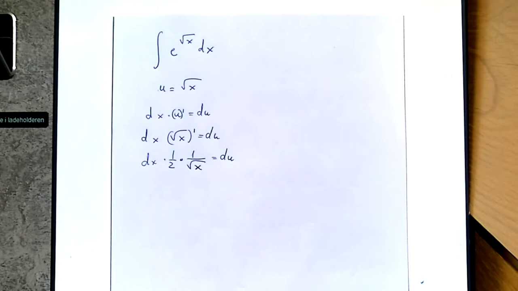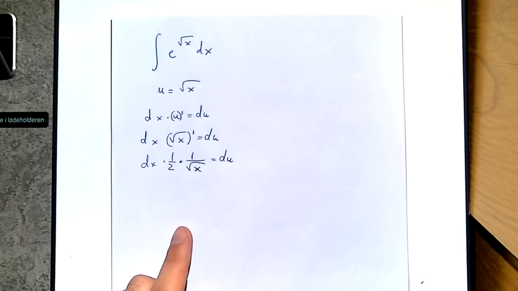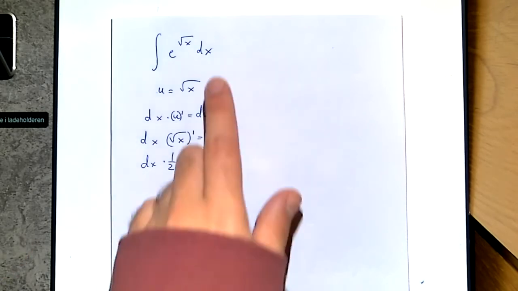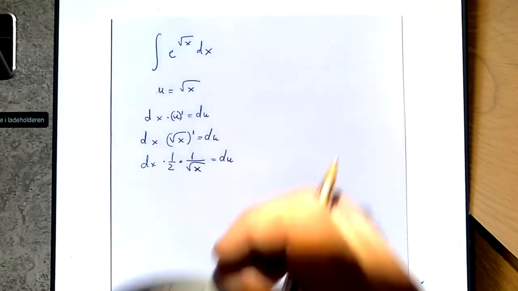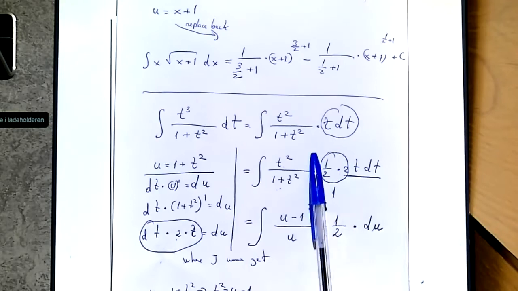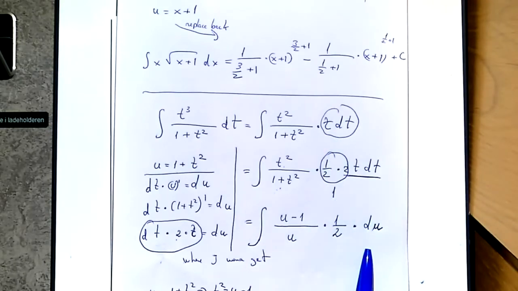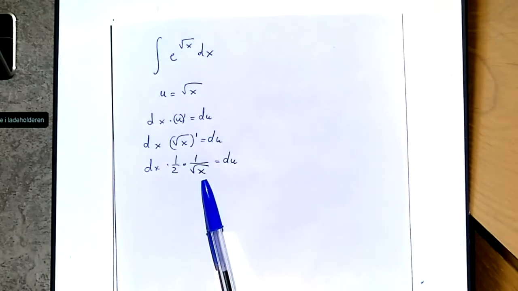Now you look at this and think, okay, we got a 2t in the previous example, so let's say I somehow managed to get this t, then 2t to replace it with a u. But what do we do in this case? This is the square root of x.